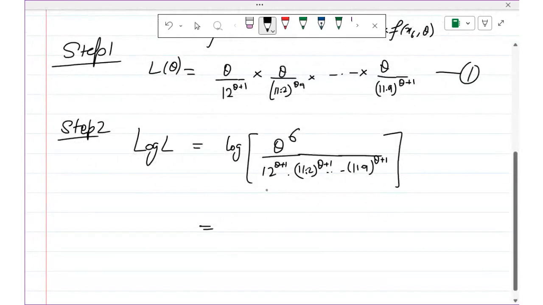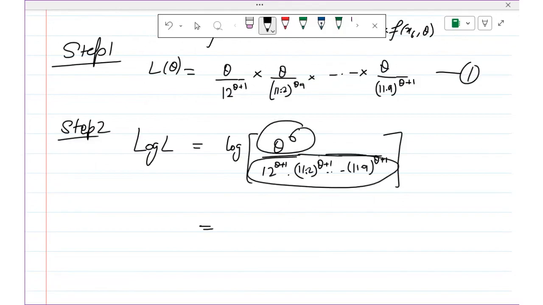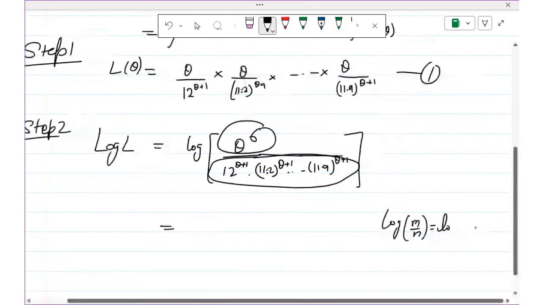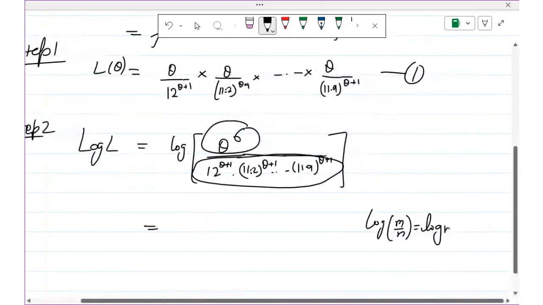So the first property I'm going to apply is log of m divided by n. So this is m and this whole thing is n. What is log of m upon n? Which is log m minus log n.